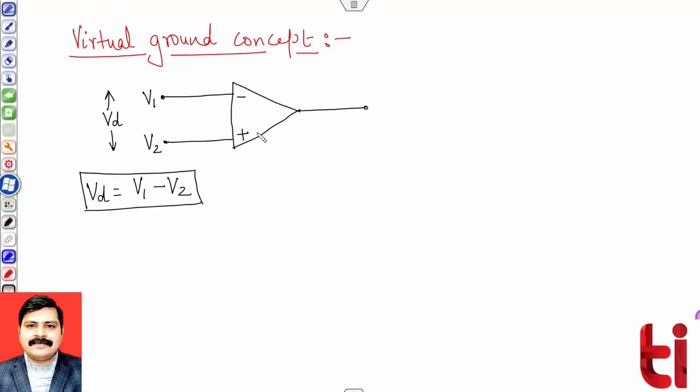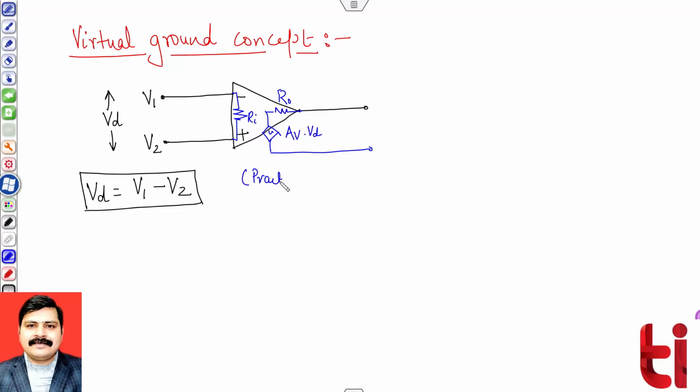If you can see the internal structure, I have shown some input resistance, this is my Ri, and an output resistance R naught with some gain, measured with reference to ground. We have marked this voltage gain AV multiplied by the differential voltage VD. So this is the AC equivalent circuit we have discussed for the practical case.